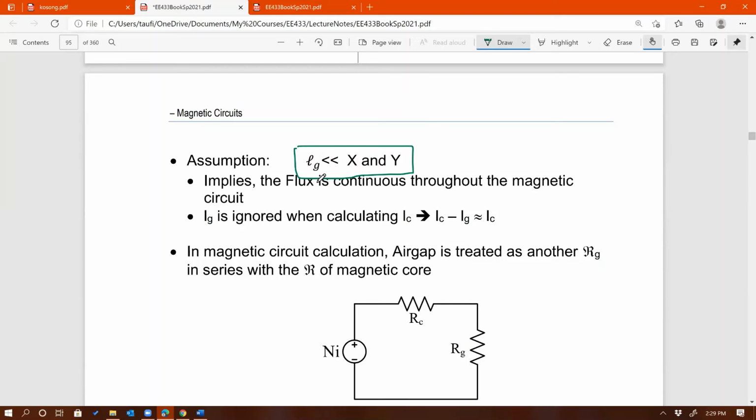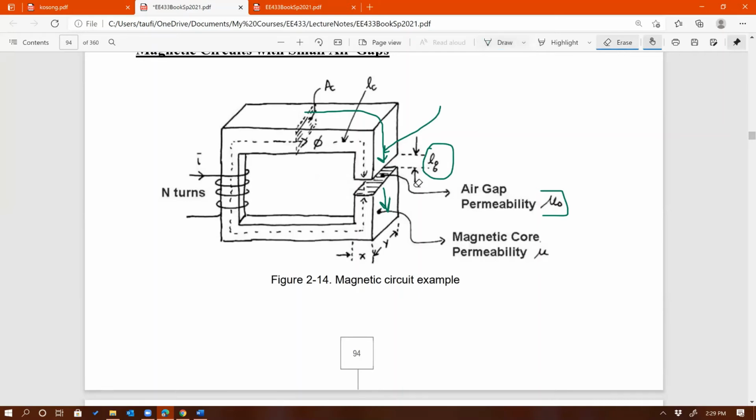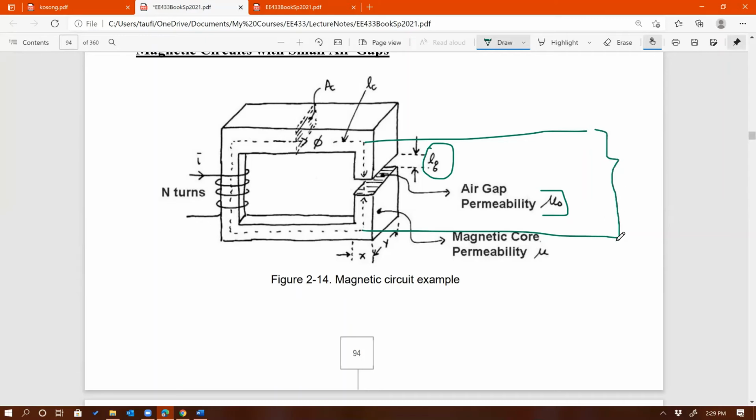Because LG, the length of the air gap, is much smaller than the physical dimension of the core itself, for calculation purposes the air gap is typically ignored. So LC minus LG is approximately LC. If you go back to this picture, here is our LC from here to here, without the air gap.